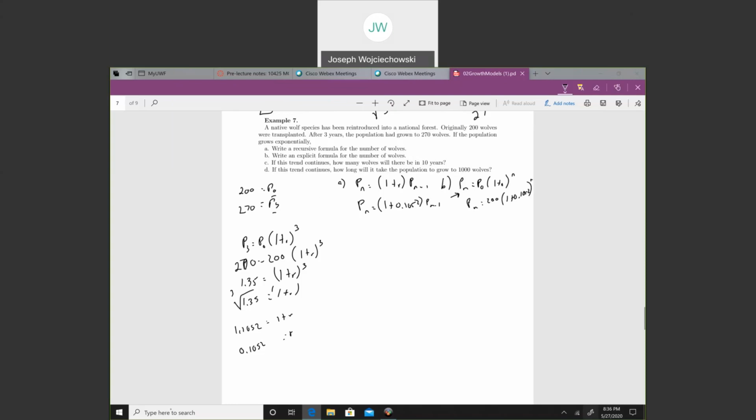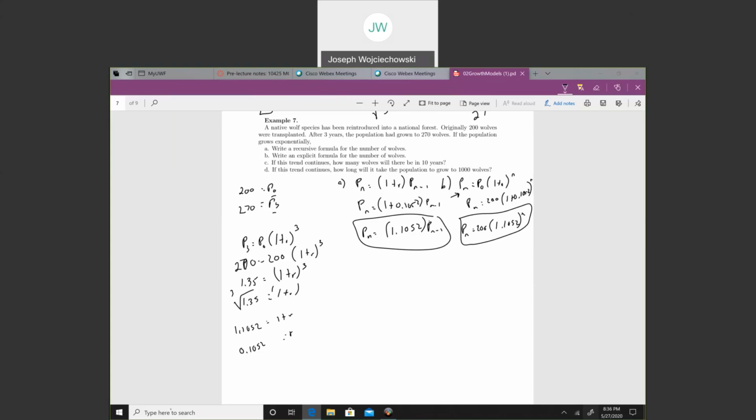So our two formulas become p sub n equals 1.1052 times p sub n minus 1, or p sub n equals 200 times 1.1052 to the n. So that's A and B.